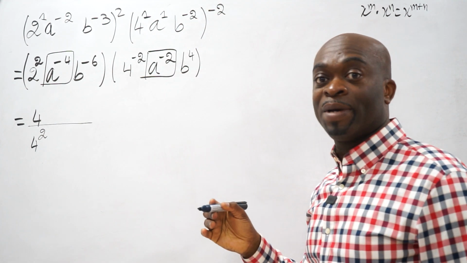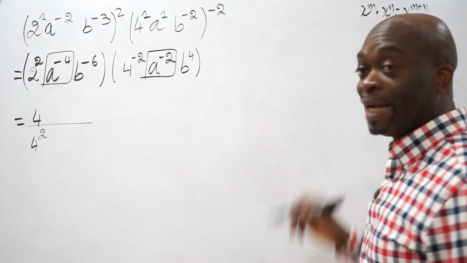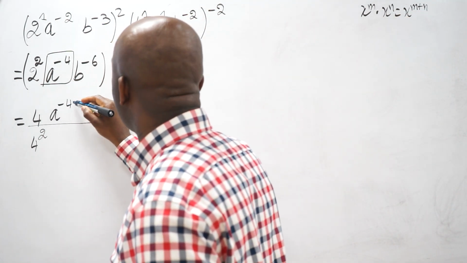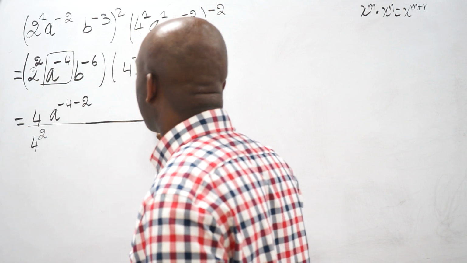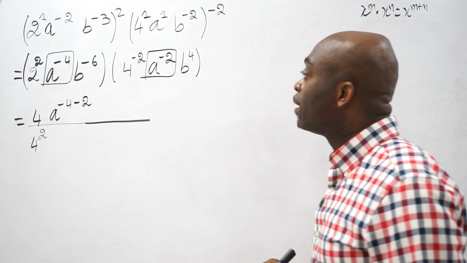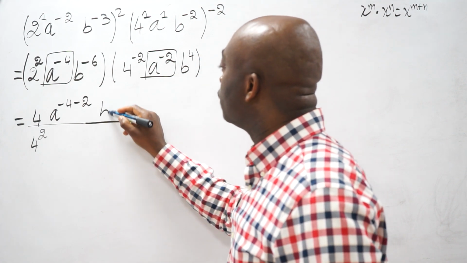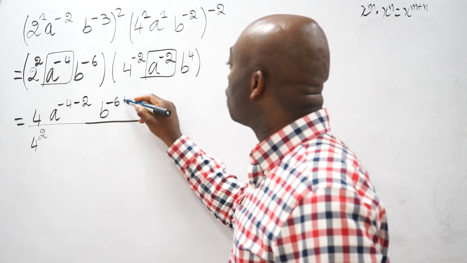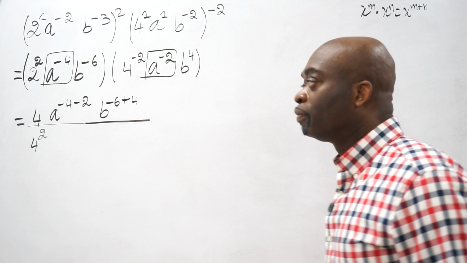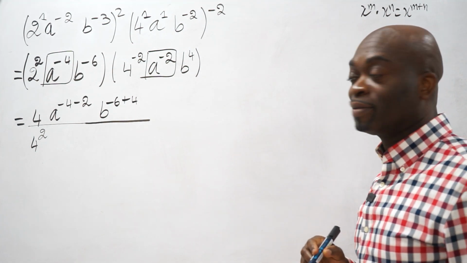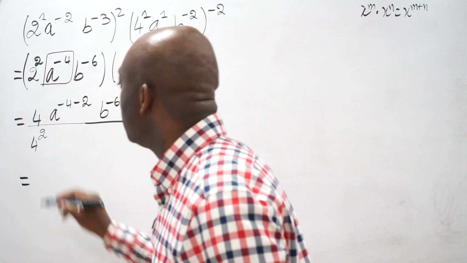Now we multiply on the same base. We said we got to do what? Add the powers. So that would be a negative 4, negative 2. Okay? How about b? So we have b negative 6 plus 4. Remember, we are adding the powers. Okay? So then we continue.